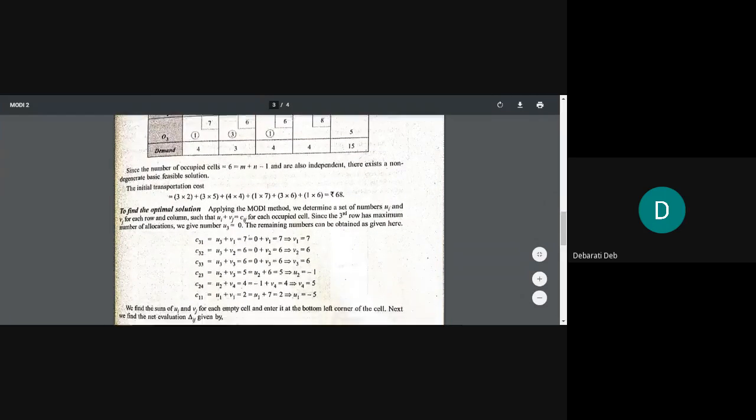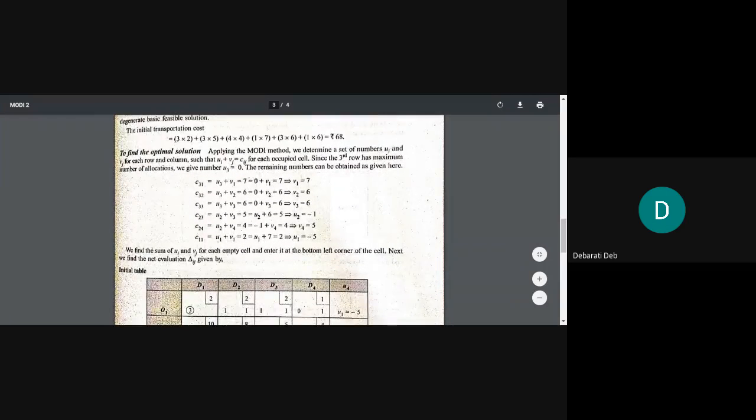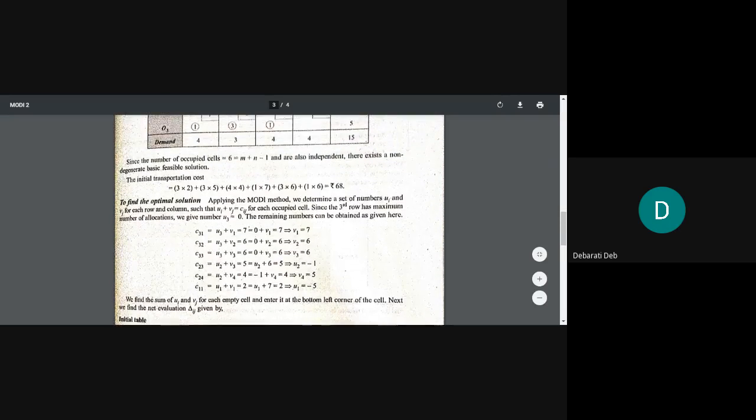Now, in order to find the optimal solution, you will give a heading, applying MODI to find out the optimal solution. Then you will have to determine a set of numbers, Ui and Vj, for each row and column, such that Ui plus Vj equals Cij for each occupied cell.